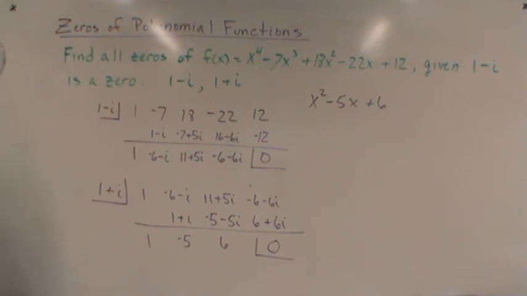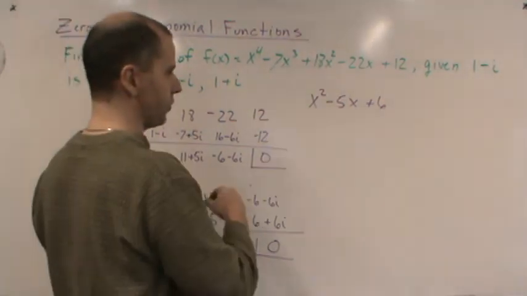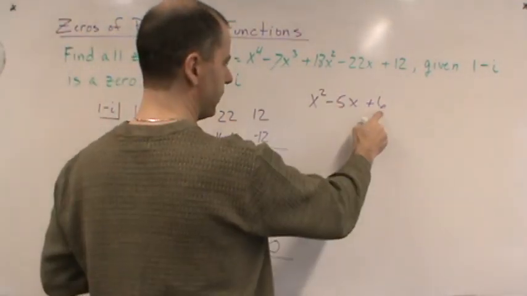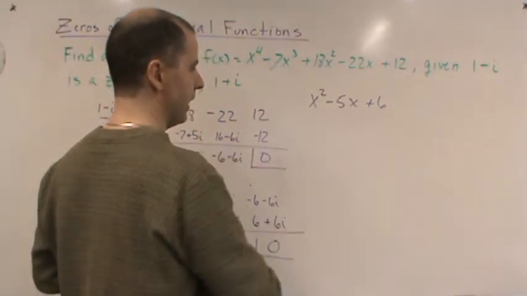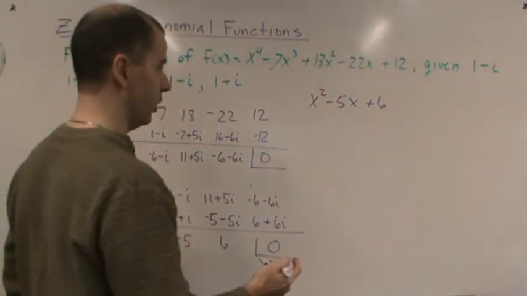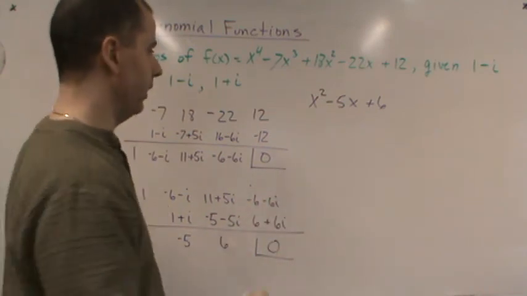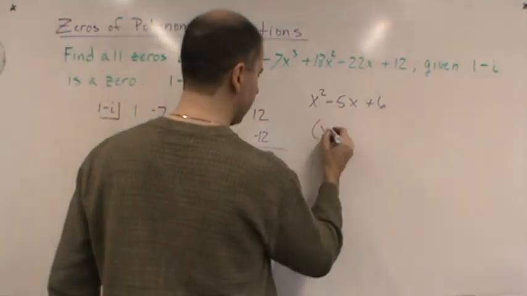Okay? So now, these are the 2 zeros. Now I can factor this. It's a quadratic, so I can factor this. What 2 factors of 6 add up to negative 5? Well, that's going to be 1 and negative 6. Or excuse me, no, negative 2 and negative 3, right? So negative 2 and negative 3 gives it to me.